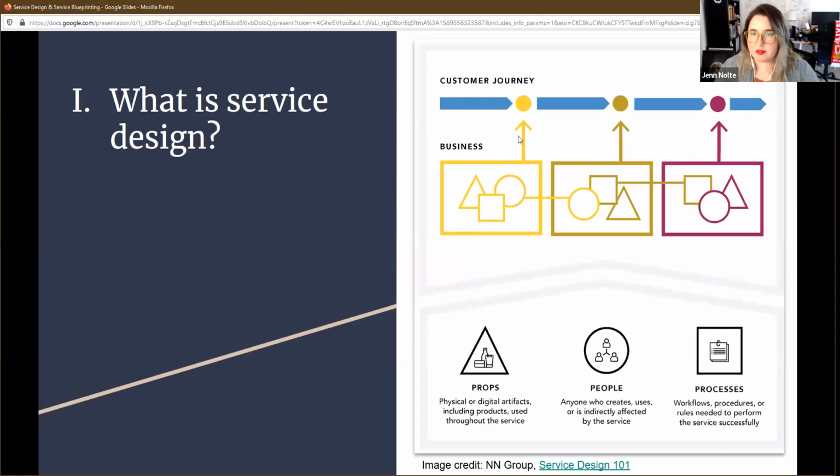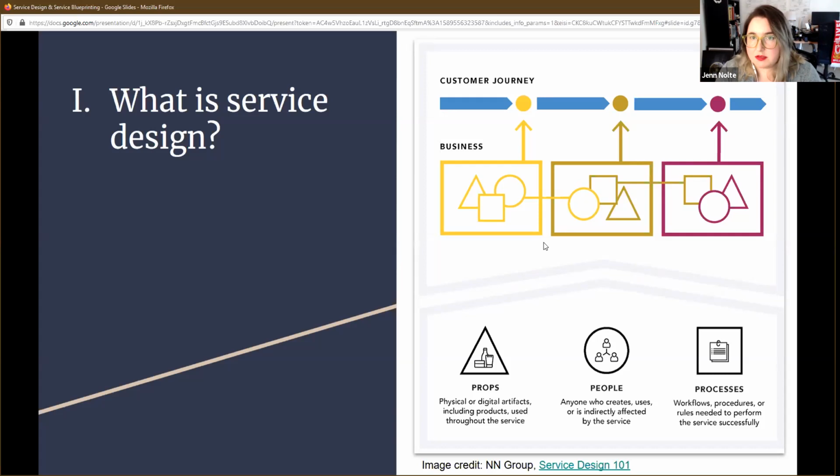So this image is from Nielsen Norman Group's article on service design, and it really illustrates quite succinctly the different components of service design, and encapsulates the approach that service design thinking takes towards anything really.